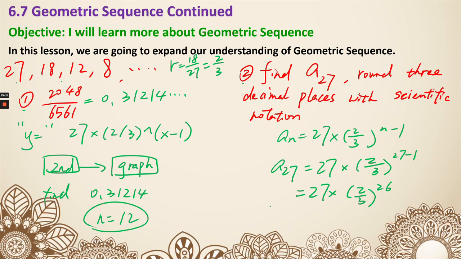Your calculator is going to show you 7.128, since it says round to 3 decimal places, then e-4, which means the final answer is 7.128 times 10 to the -4 power. That is the final form that we want.